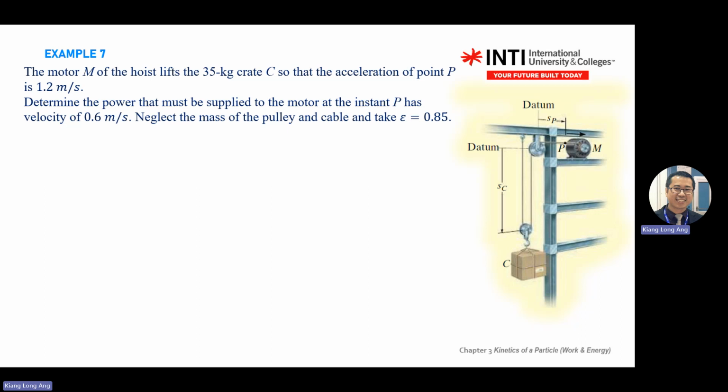You need to find the ratio between the two. Then you are given the mass here. Go back to your statics chapter. You draw the pulley. Then there is a weight going down. This weight C. Weight C equals mg. MC is given, 35 kilogram. You have two ropes there.